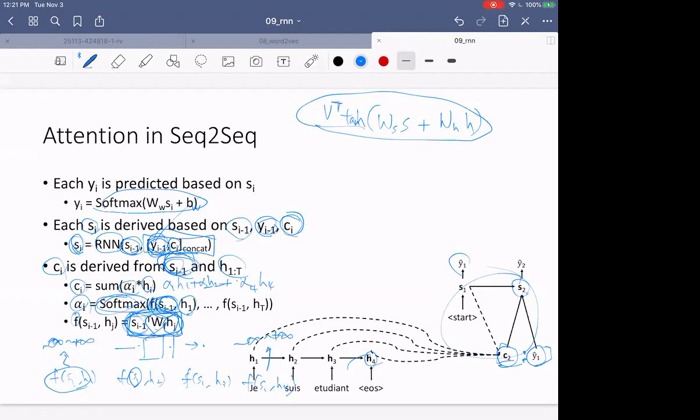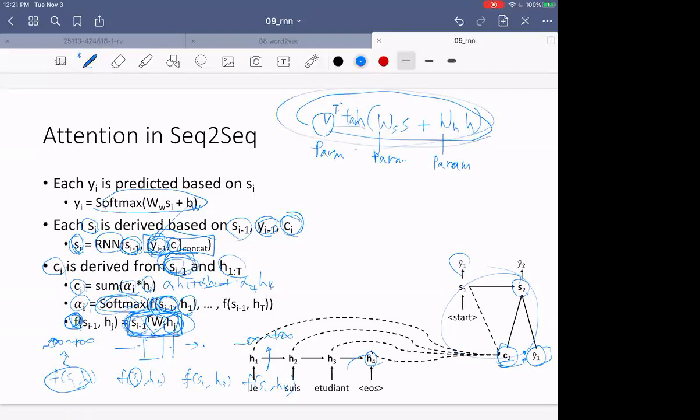V T is V transpose. This V here is another learnable parameter. This is a parameter, this is a parameter, this is a parameter. What I'm saying is that there is no definite way to formulate this function. It could be this, or it could be this.